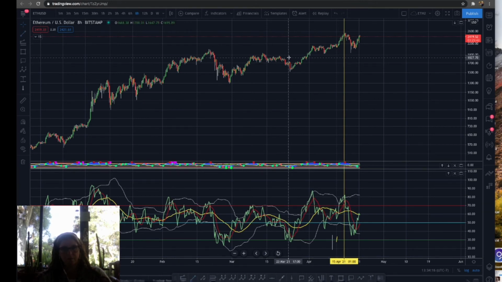Because the 8 hour is now showing bearish divergence between these 2 points. I would exit. I don't really like going higher than the 8 hour time frame. Not that it cannot be done, it can, but I usually don't go higher than that.